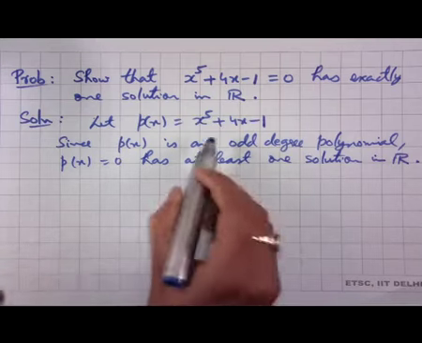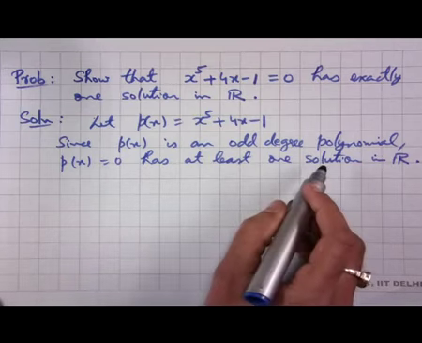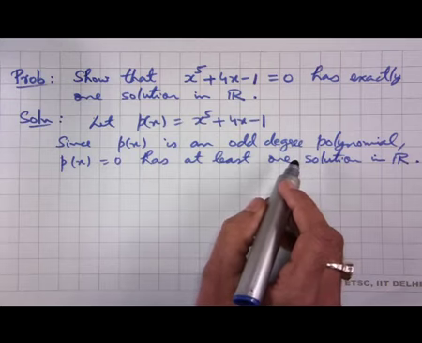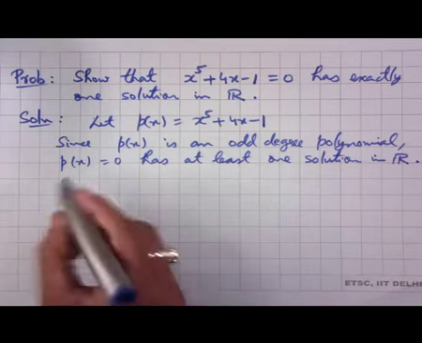This we know, because this is odd degree, it has at least one solution. What we want to show is that there is exactly one solution, that means that we cannot have other solution to this.